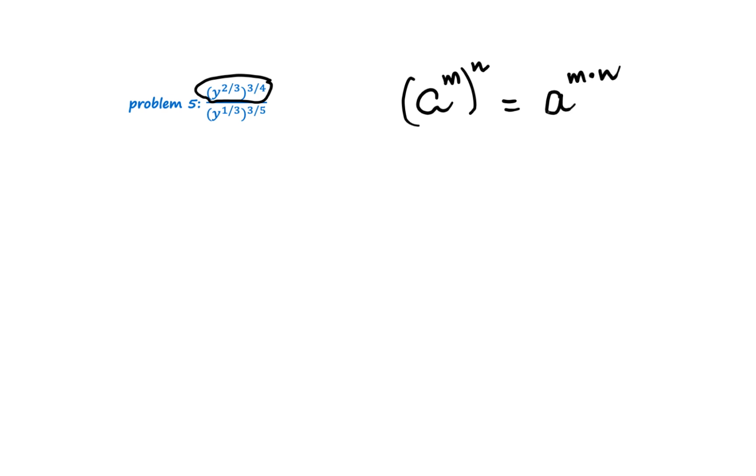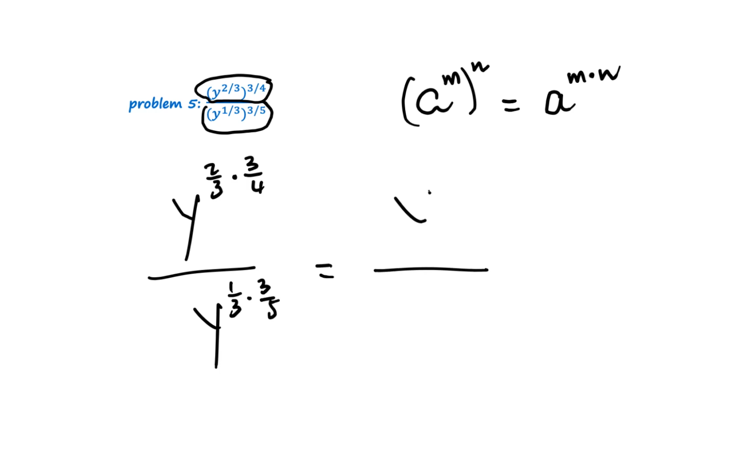So basically we multiply the exponents. So for the numerator, I will get y to the power of 2/3 times 3/4. And then for the denominator, I will have the same thing as well. One base for two exponents, keep the base and multiply the exponents. So 1/3 times 3/5.